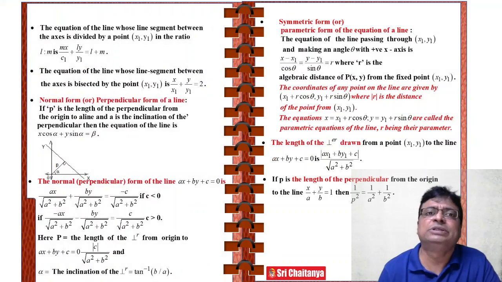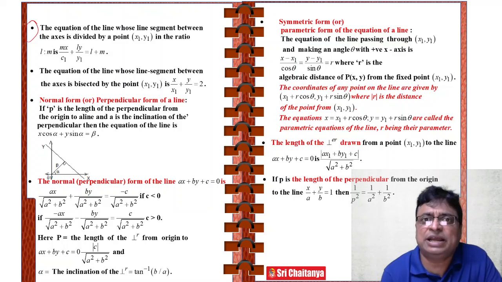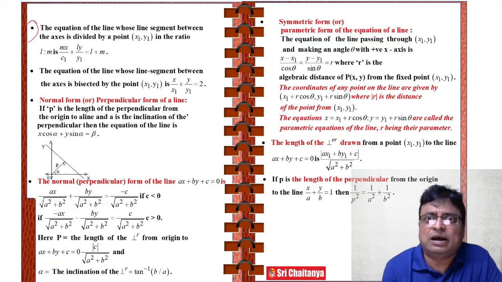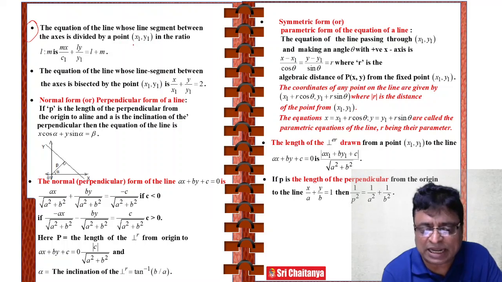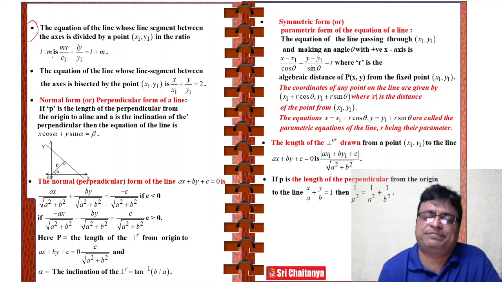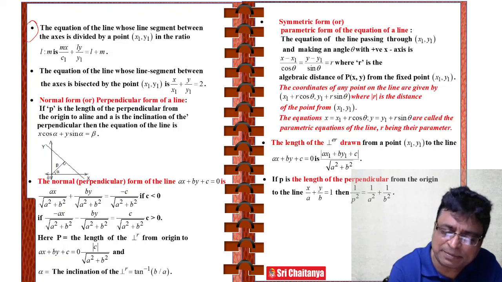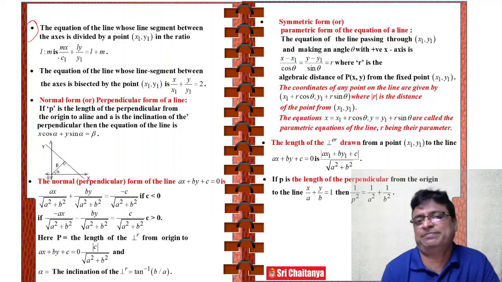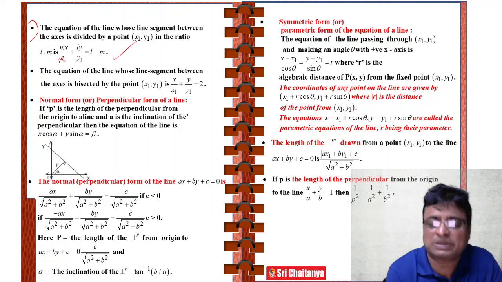Now coming to another important formula. This is also a better shortcut. The equation of the line whose line segment between the axes is divided by the point x1 y1 in the ratio l is to m is mx by x1 plus ly by y1 equal to l plus m.